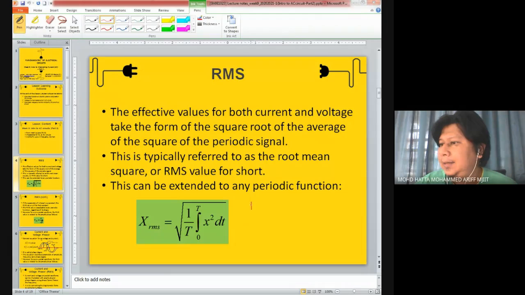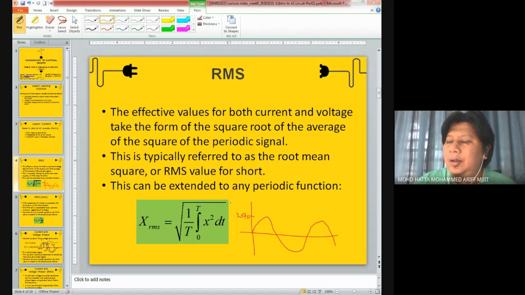Let's say we have a sinusoid over here, and the voltage up here is the maximum voltage, which is 240. The effective value is not a constant value. It's alternating with respect to time. Sometimes we have 240, sometimes we have negative 240, and sometimes we have a value between those two values, positive and negative.